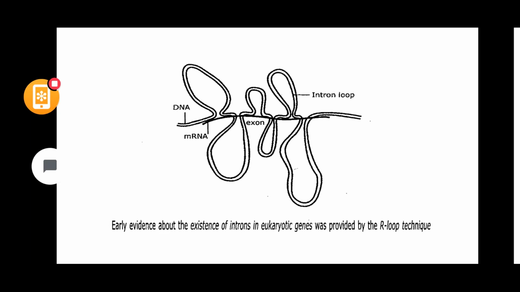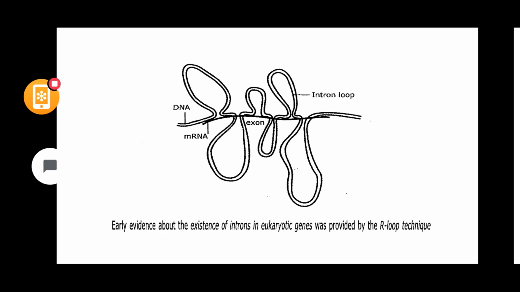Once the RNA-DNA base pairing happens and it forms an RNA-DNA helix, they found that the exon parts are attached with the DNA sequences. Okay, the mRNA is the synthesized mRNA. This is not the precursor mRNA. This is the functional mRNA, which only has the exon part. It does not have any intron part.